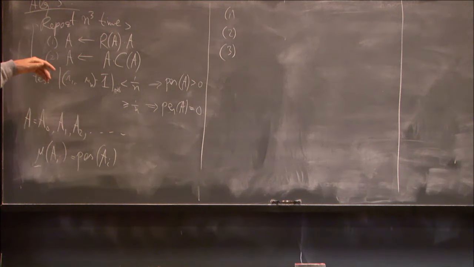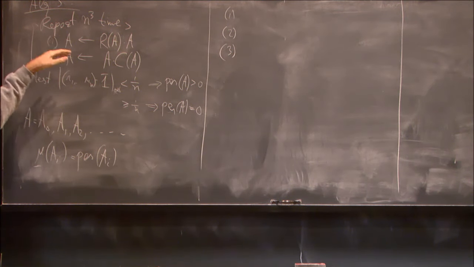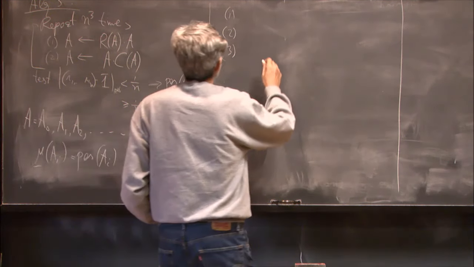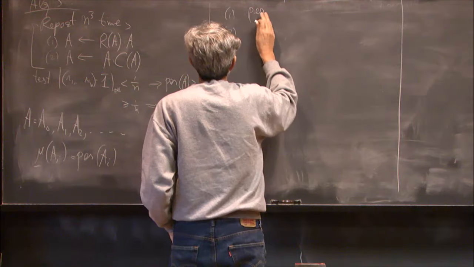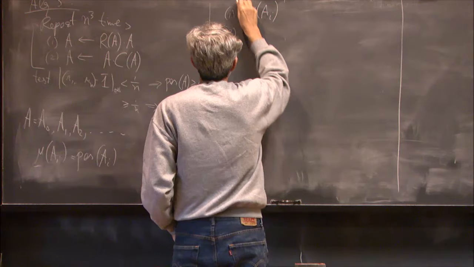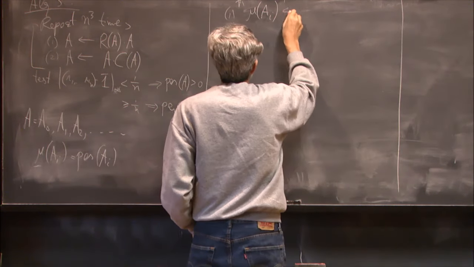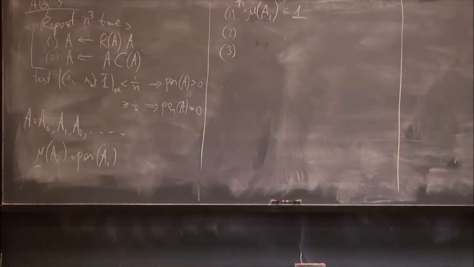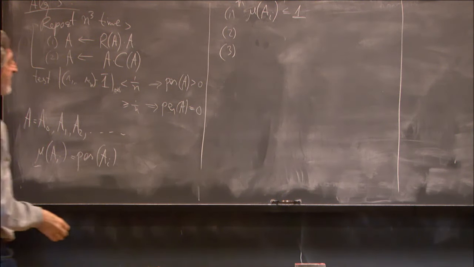So first of all, let's say we start with either row stochastic or doubly stochastic or column stochastic A without loss of generality, and then we know that the permanent, so let me write it here with mu of A_i, is at most 1 for all i, because the permanent of a matrix is at most the product of the row sums of the matrix. Yeah? It's very easy to observe.